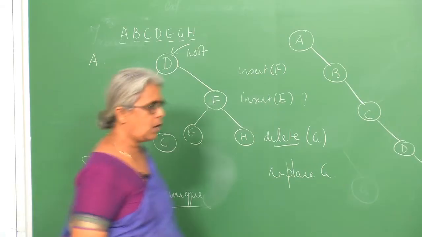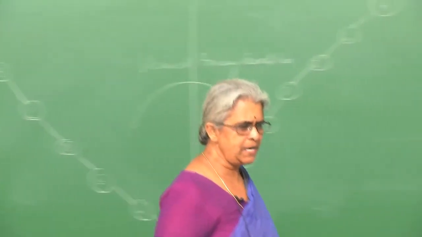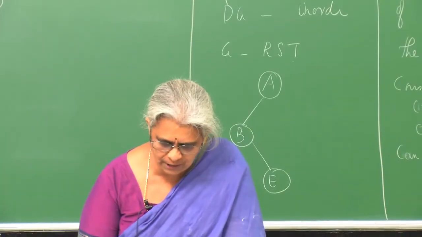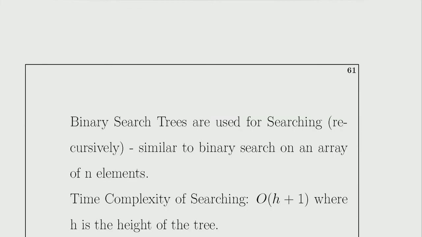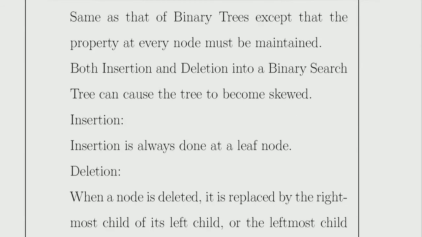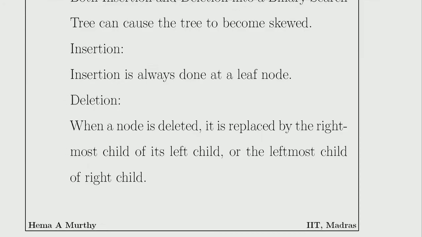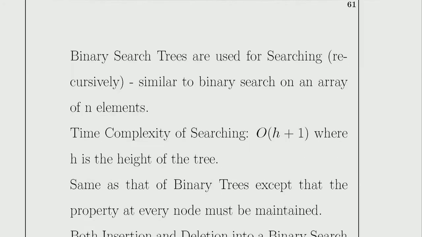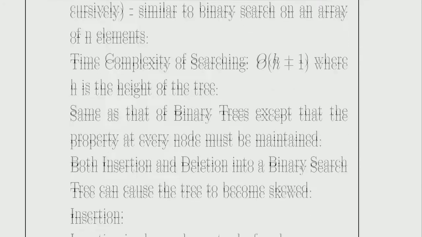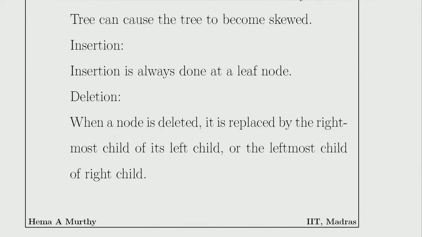So, this is the operation of deletion. The operations on the binary search tree that we would like to perform are search, insertion, and deletion. These are the three operations that we would like to perform.